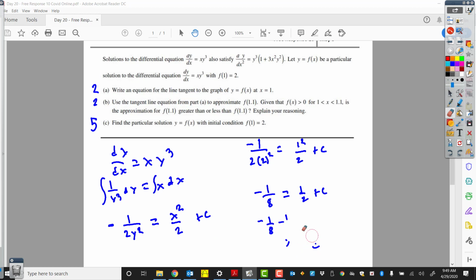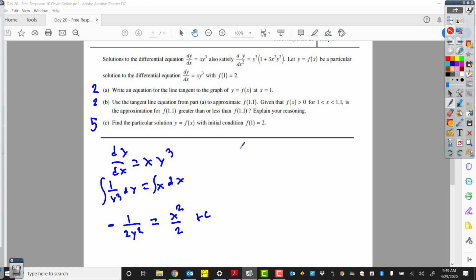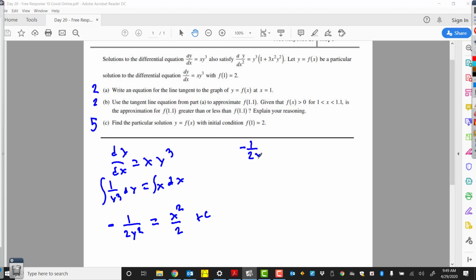Just going to erase all this. So negative 1 over 2y squared equals x squared over 2 minus 5 over 8. Multiply both sides by the 2. So negative 1 over y squared equals x squared minus 5 over 4. And then we need to try and undo this. So we'll multiply by y squared and divide by this.